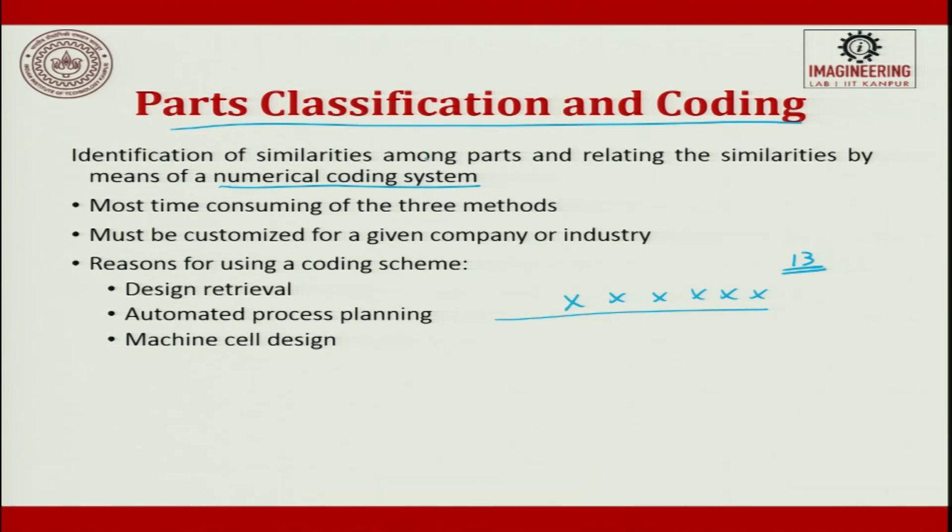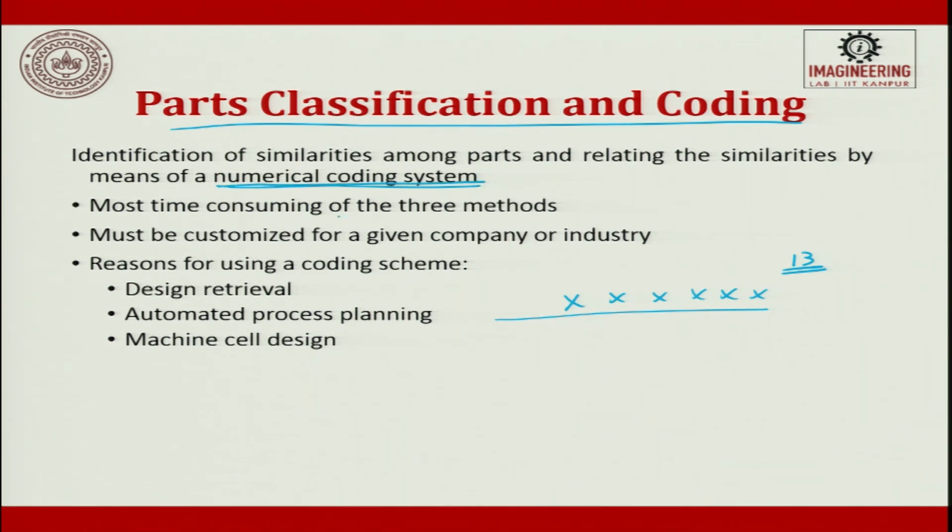If you take a car, there are minimum 10,000 parts. So, having a record of 10,000 parts by name is going to be tricky. So, what we do is we convert all the names into numbers. That numbering is called a numerical system, given by a coding system, called the numerical coding system.